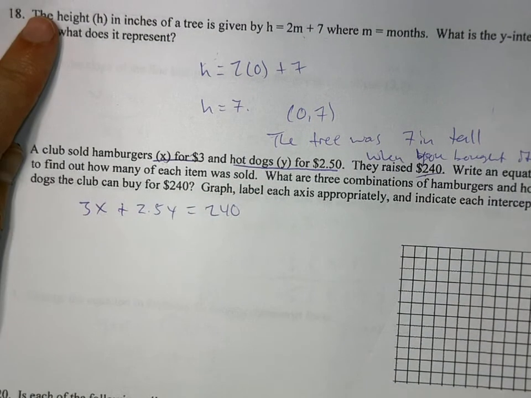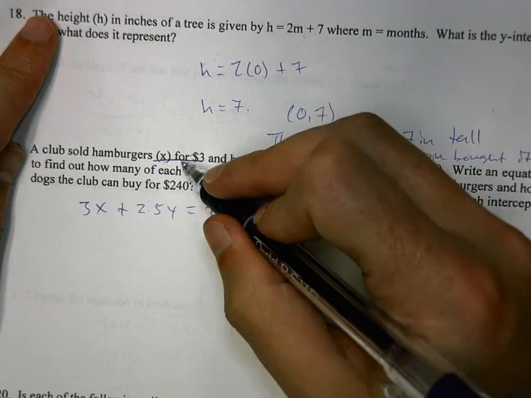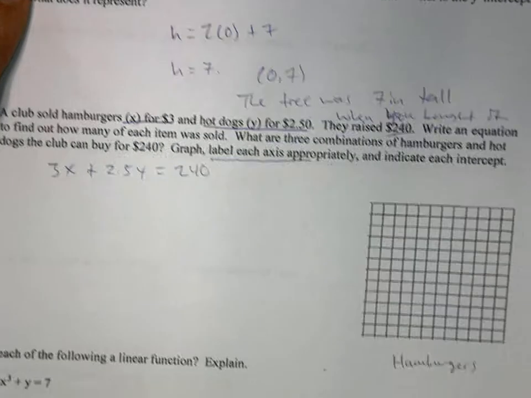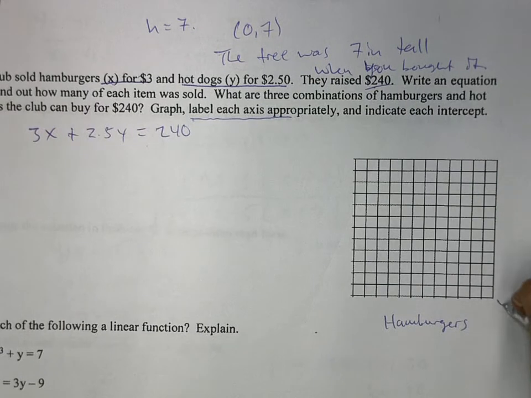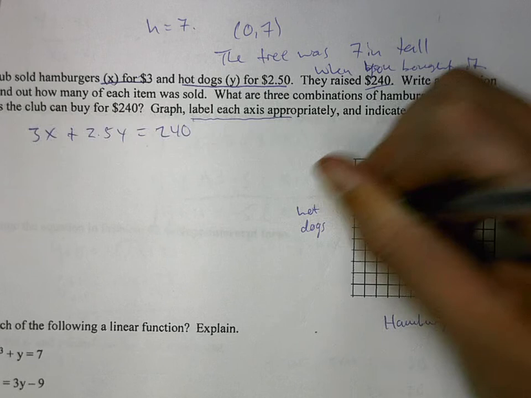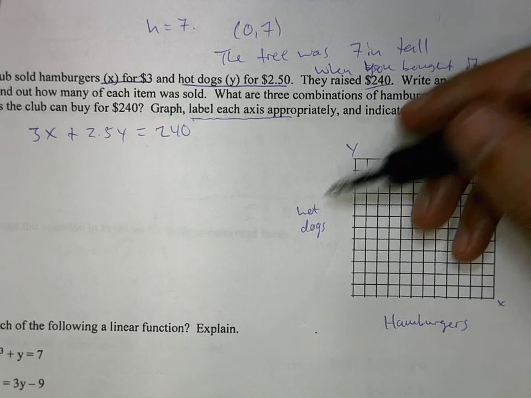So we wrote an equation. Let's label the axes first. The x was for hamburgers, so you write hamburgers on the x-axis. These were hot dogs on the y-axis. That right there is worth a couple percent.